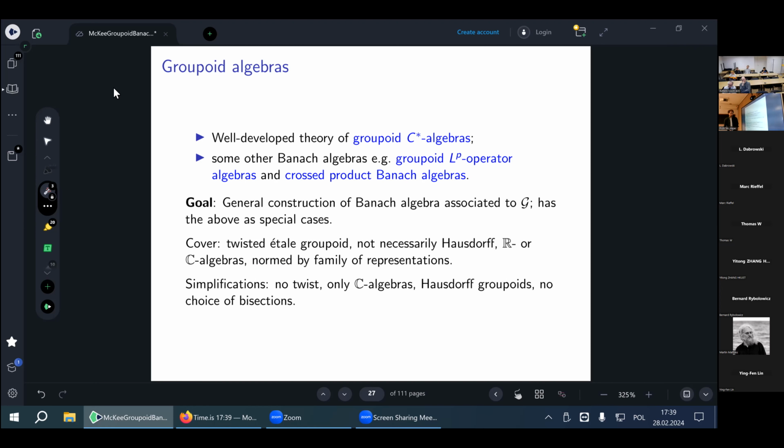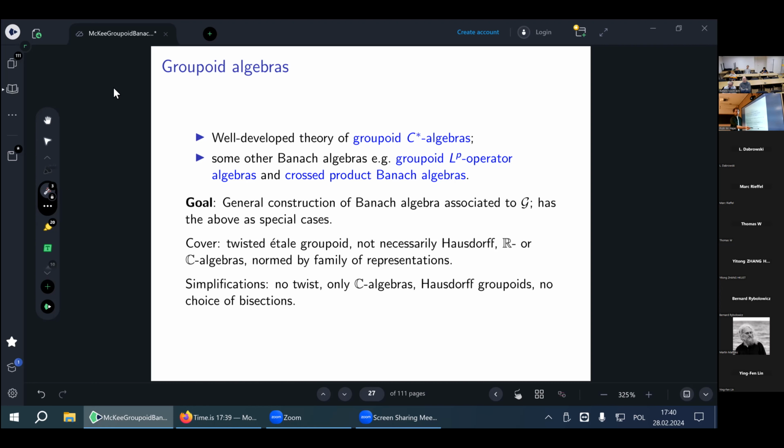So for this talk, I'll forget about the twist completely. I'll spare you those details. I'll mainly talk about the complex case. There are some subtleties in the real case that I'll remark on if I have time.